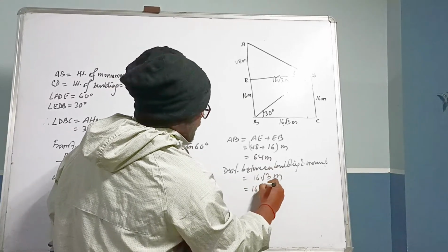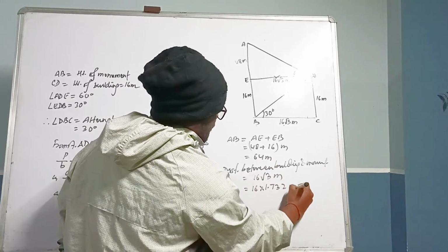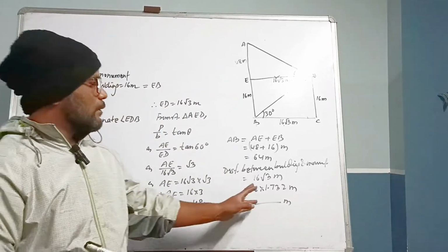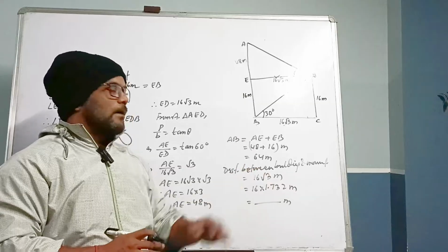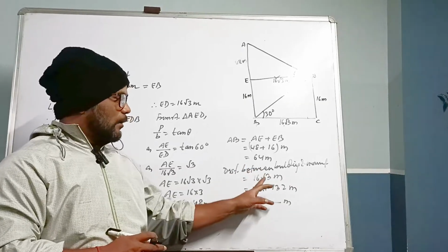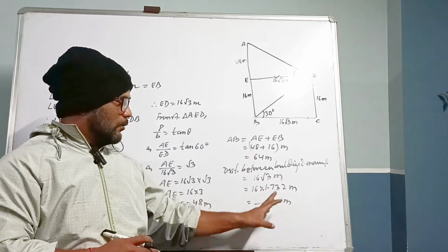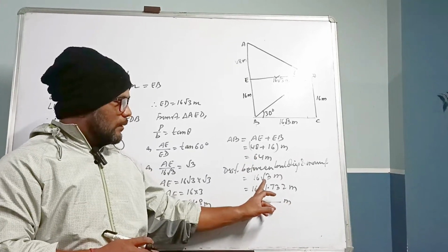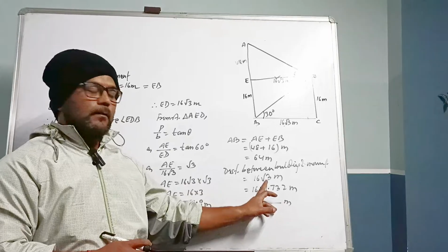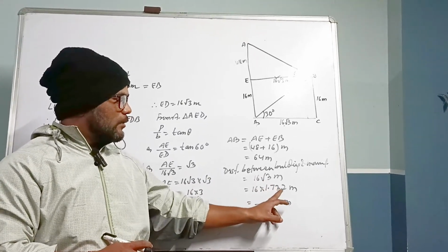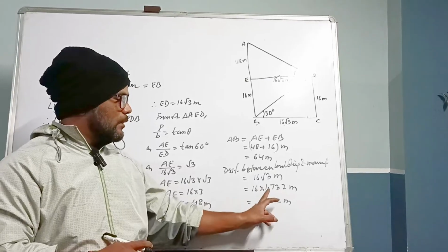I'm not multiplying this one out for all the students, but I have already informed you that the value of root 3 is 1.732 in trigonometry. So don't leave the answer in root 3. You have to multiply it by 1.732 meter and write the value.